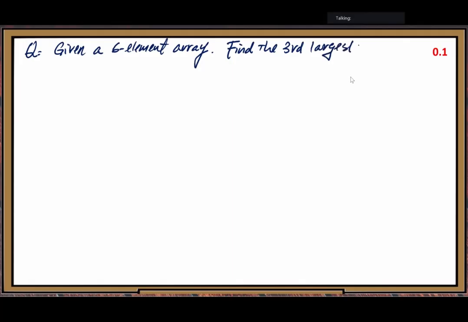Let's look at a simple question first. Given a 6-element array, the goal is to find the third largest element.